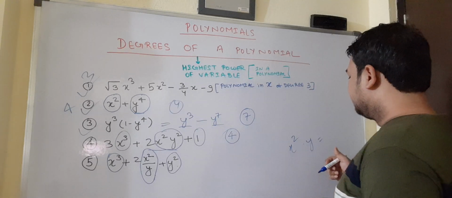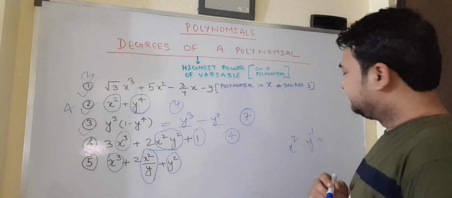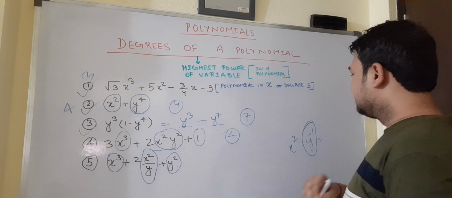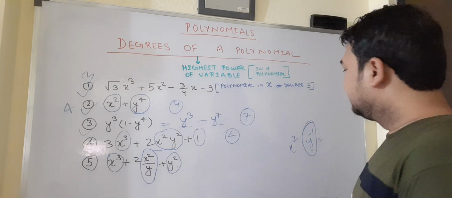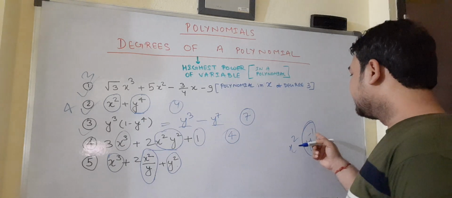But since it is x square by y, there is a variable which has a power negative, minus 1 is a negative integer.